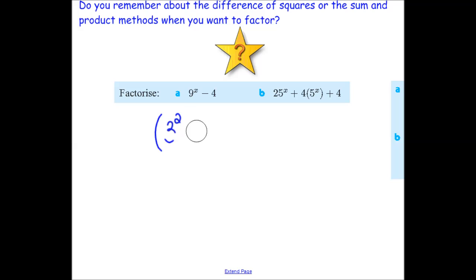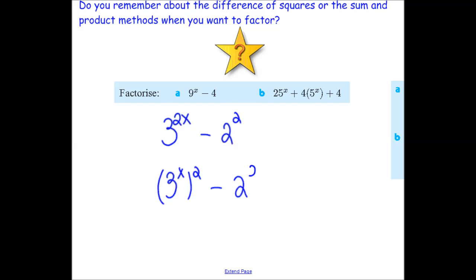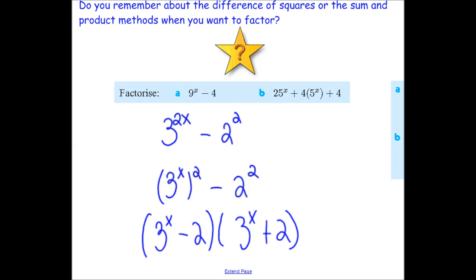So actually, it's 3 to the 2. 3 squared is 9, and then it's to the power of x, so 3 to the 2x. 4 is 2 squared. So now we can write this as 3 to the x squared minus 2 squared. So we've got our difference of squares here. So when we factor this, we can do 3 to the x minus 2, and we can do 3 to the x plus 2.